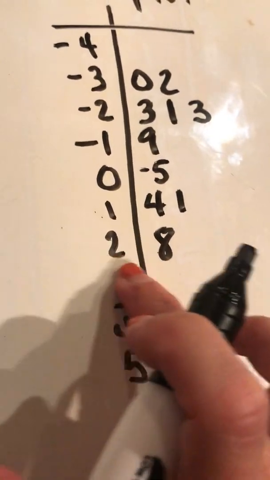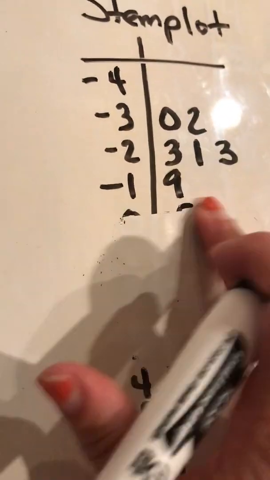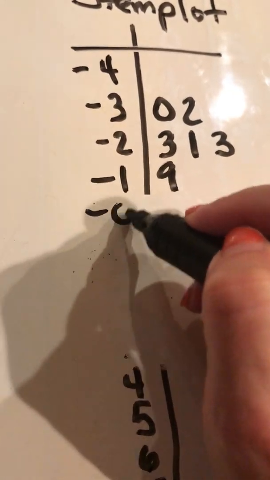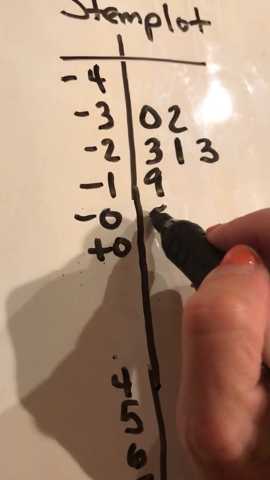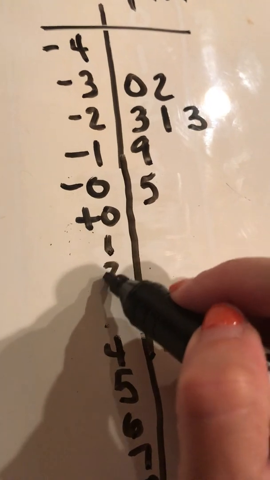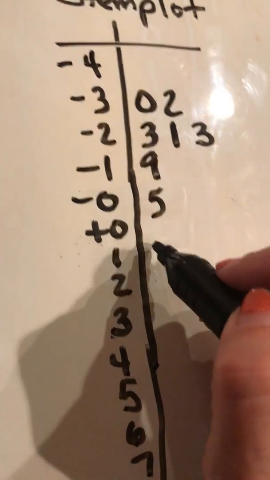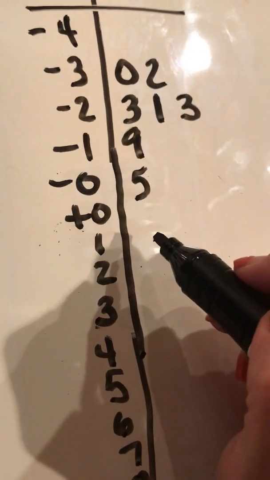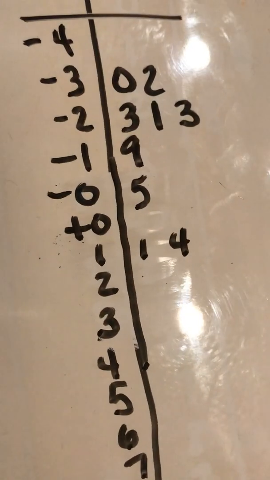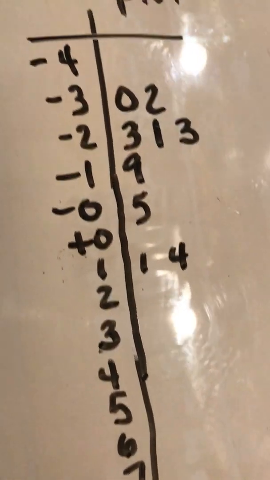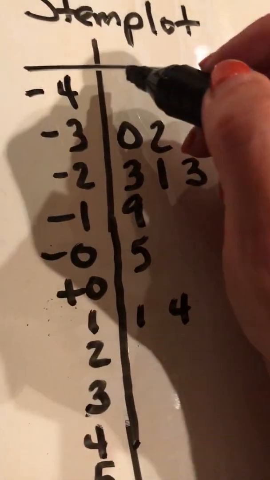You know, let's do something interesting here. I'm going to have a negative 0 and a positive 0 just to make myself happy. Negative 5, and then 1, 2, 3, and then I had to replace my 14 and my 11. All right, and then I got to negative 46, so I haven't put that one on there.